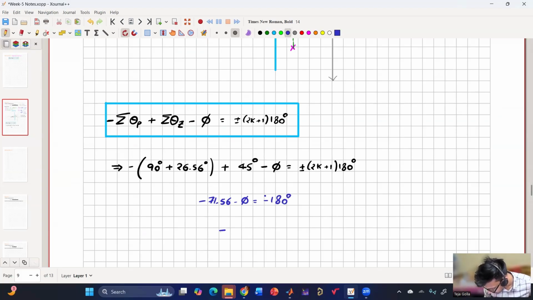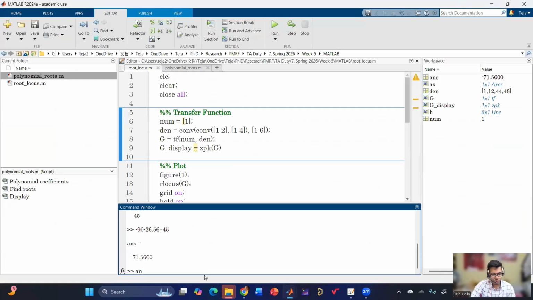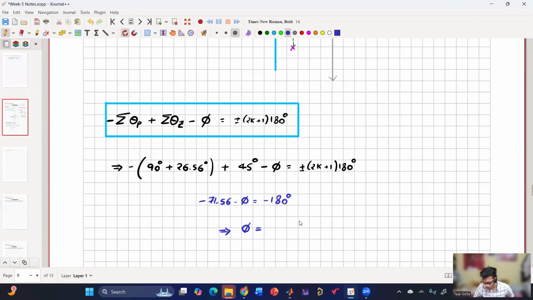So now my phi is how much? 180 minus 71.56, right? If I consider that, I will use this. So I'll do answer plus 180. So it is 108.44 degrees is the angle of departure. So this is now 108.4 degrees. So this is how we will get it.